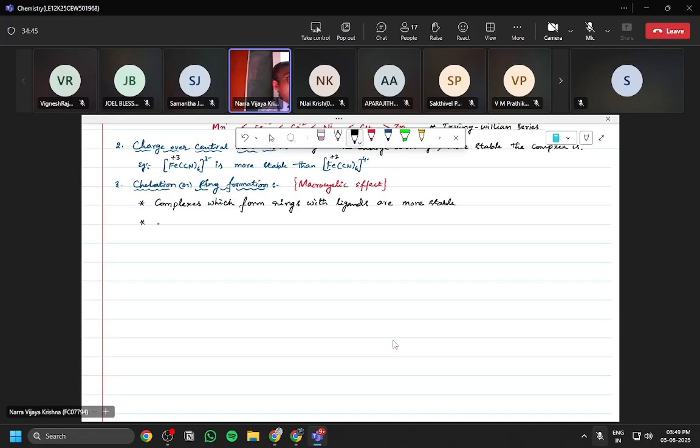Generally, which will form ring structures, monodentate or polydentate ligands? Polydentate ligands can form more number of rings, like EDTA. It can form more number of ring structures, right? So polydentate ligands, if that ligand has double bonds, pi bonds, they form more stable 6-membered rings.